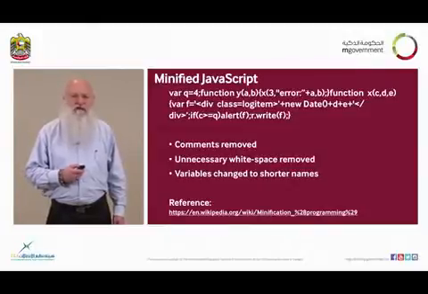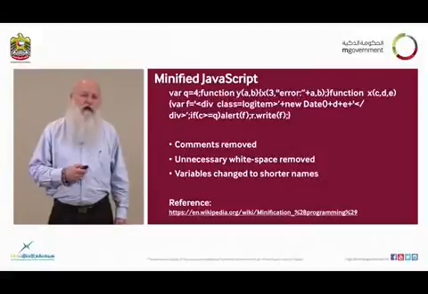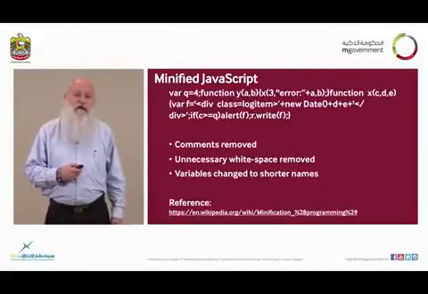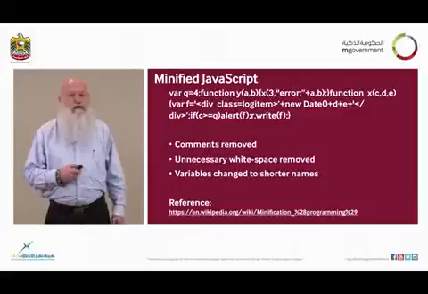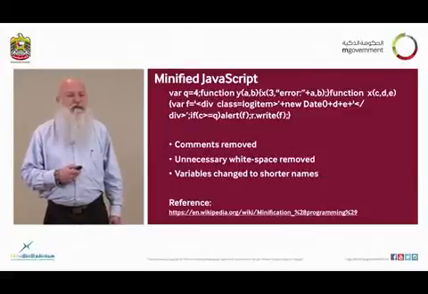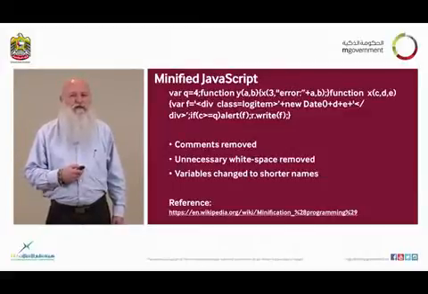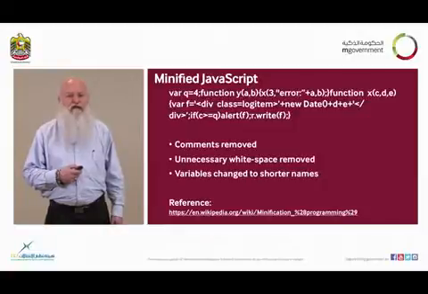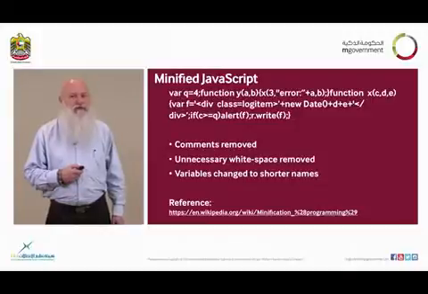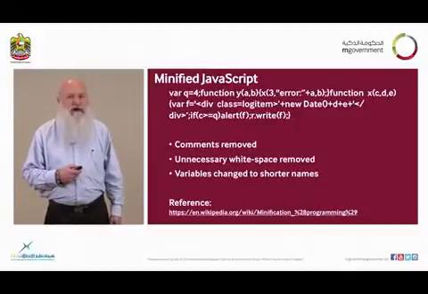Then we define a function named Y, and we give it 2 arguments, A and B. It calls another function, X, and passes 3 arguments, 3, error plus A, and B. Then we define the function X, just as in the previous slide.